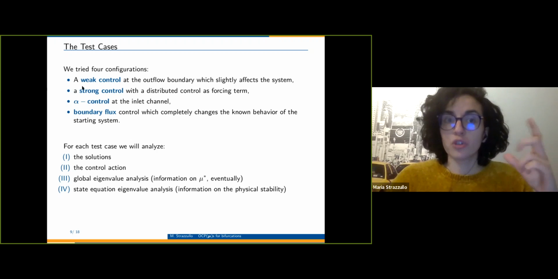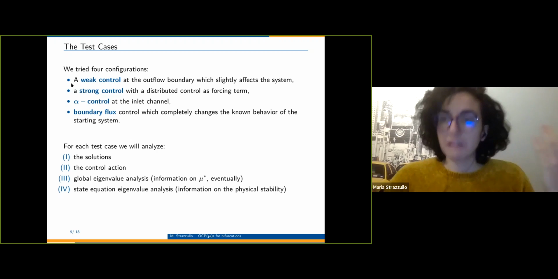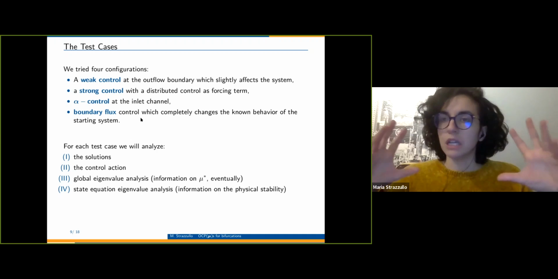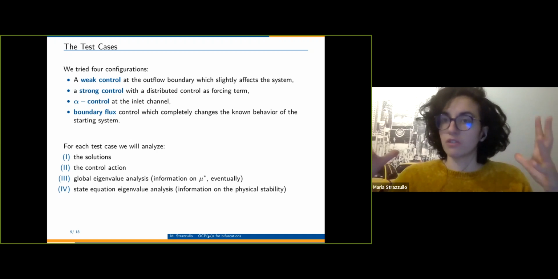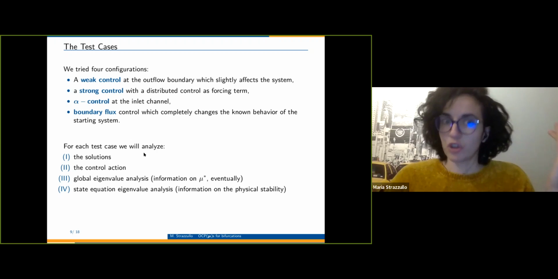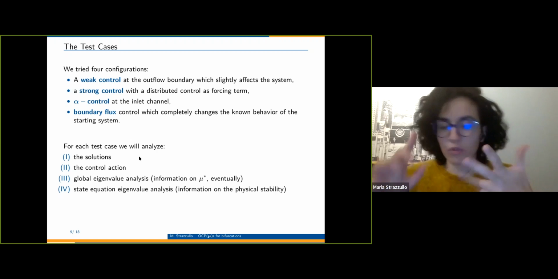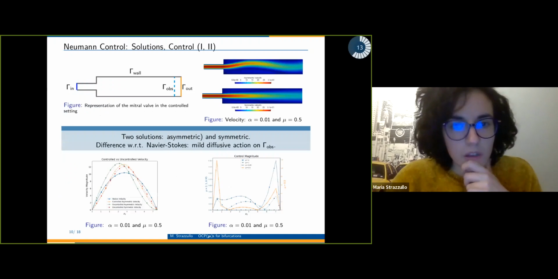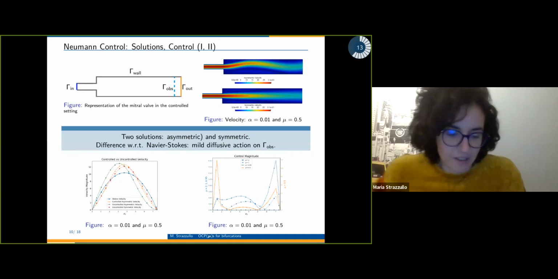But I will show you only, let's say, the worst case scenario, so the weaker control on the outflow boundary, and the boundary flux control, okay, that changes completely the behavior of the stability of the solution and of the system. So, for the test cases that I will show you, we will analyze together the solutions, the action of the control, and the two eigenvalue problems.